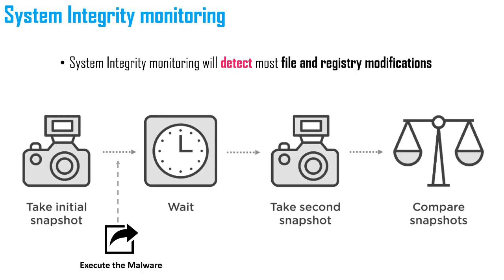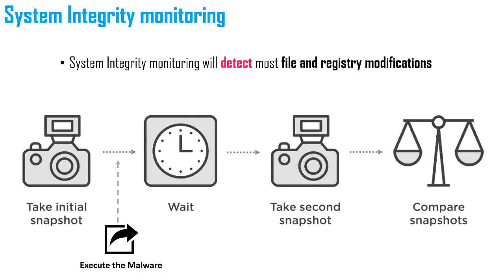It is a process where we see the system changes before execution and after execution. Before execution, we capture the system state, and after execution of the malware, I capture the system state again and subtract to detect all the changes.